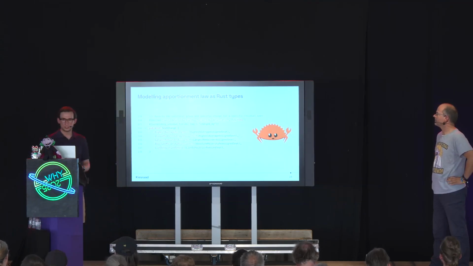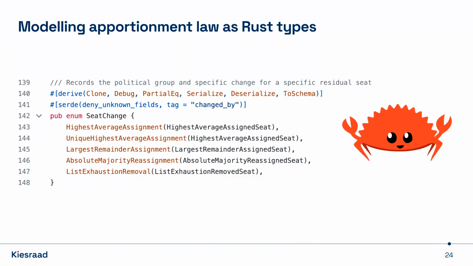One example of using the Rust type system is this one. This is modeling the apportionment law as Rust types. So there's a bunch of ways a seat can be assigned to a party. There's a highest average system. There's a unique highest average system. There's largest remainders. There's absolute majority, which can reassign a seat based on the majority that the party has.